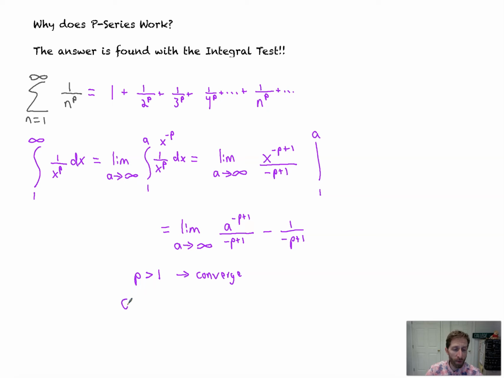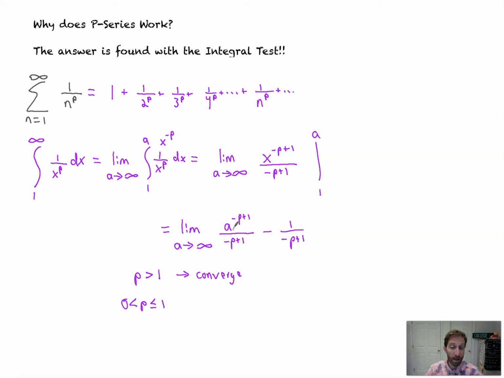But if we are between 0 and 1, or if we're equal to 1, then this thing is infinity to the 0th power, you would think, but actually no. If p was equal to 1 to start with, you'd get 1 over x, which is ln of x, and ln of infinity is infinity. So we diverge at 1. Then let's say we pick like 0.5.